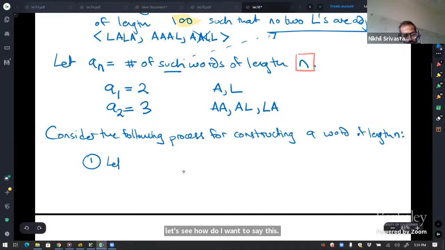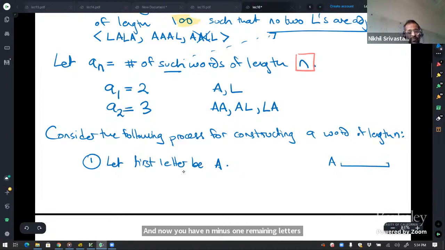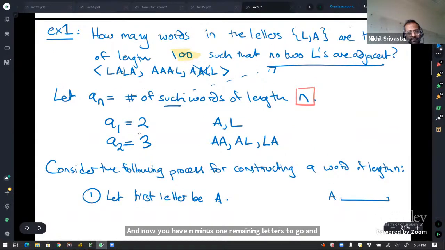So let the first letter be A. So you have A. And now you have n-1 remaining letters to go. And what can you put over there?